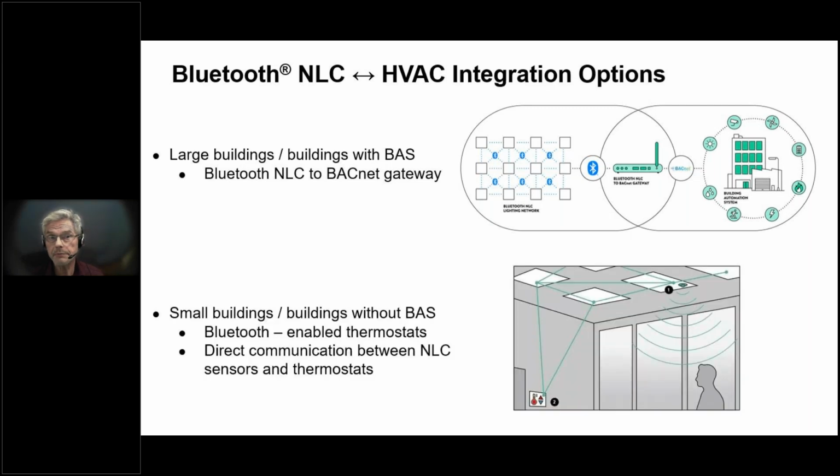For smaller spaces with no building automation system, a new Bluetooth NLC component profile is coming soon to let Bluetooth-enabled thermostats communicate directly in a standardized way with the occupancy sensors of a network lighting control system. That will support Lighting-HVAC integration through Bluetooth NLC, even in smaller buildings with no building automation system.